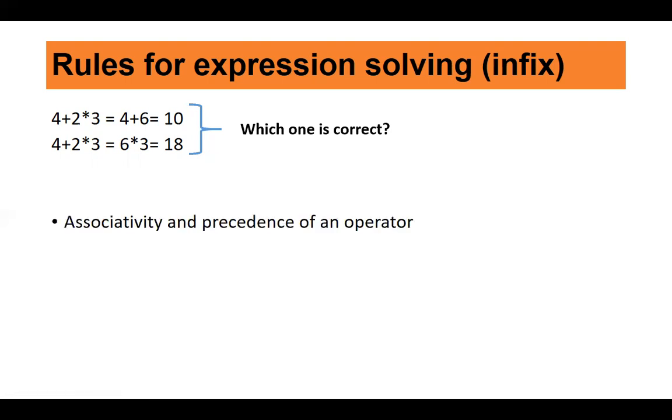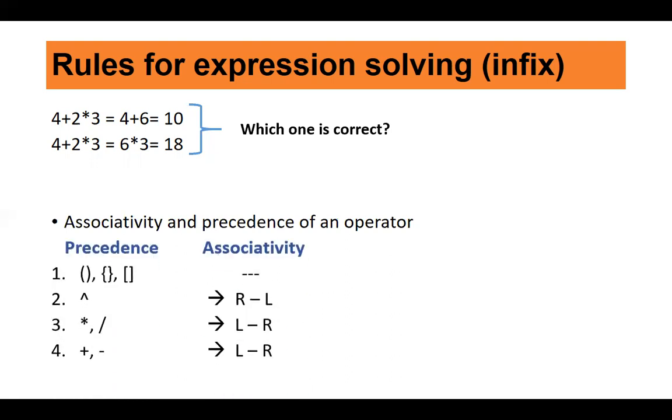To decide which one is correct, you need something called associativity and precedence of an operator. So here you have a table which shows you the precedence of an operator as well as the associativity related to it. Now the highest precedence is for the braces, right? If your data is inside the braces, then this will be solved, evaluated first.